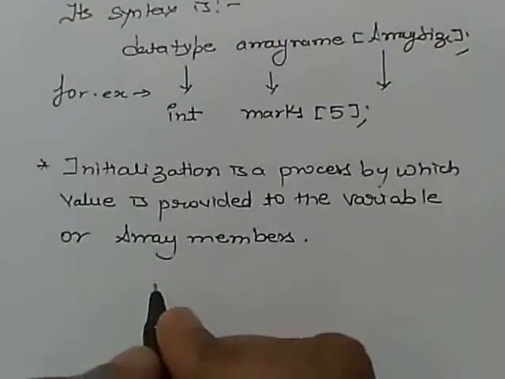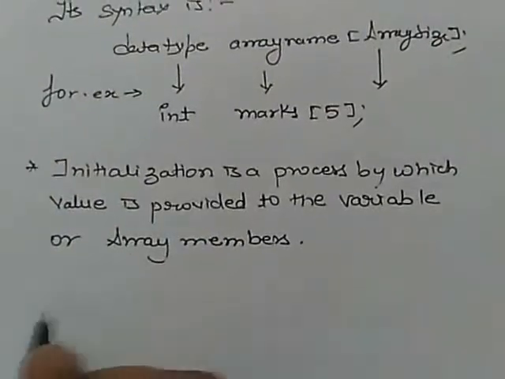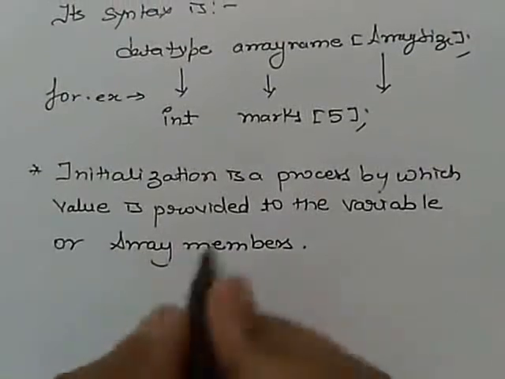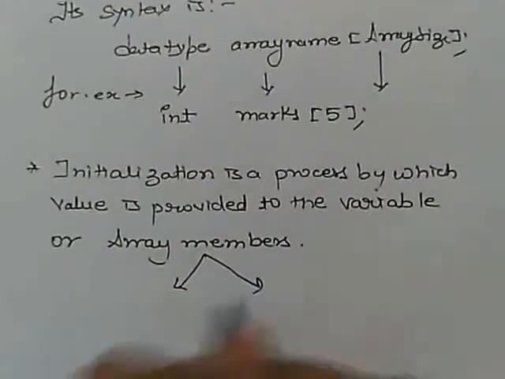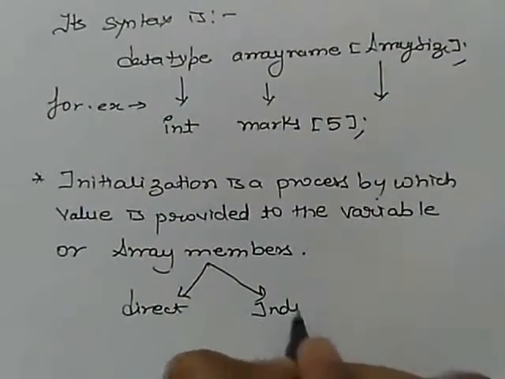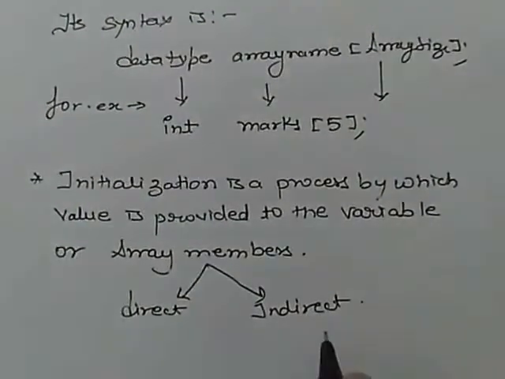Now in this we can initialize the array elements in two ways. For example, one is direct initialization and the another one is indirect initialization, in which we are using for loop.